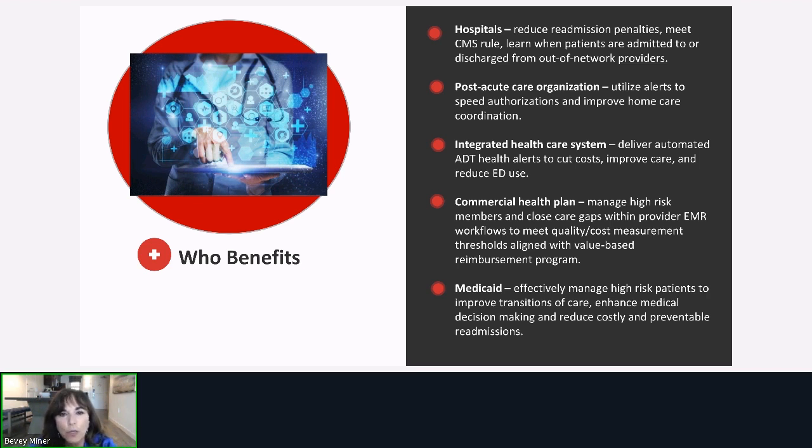You also can learn when your patients are admitted to or discharged from out-of-network providers. So a patient may be at a center of excellence getting treatment at your facility, but they really get most of their treatments done at a community hospital that may be 50 miles or 100 miles away.